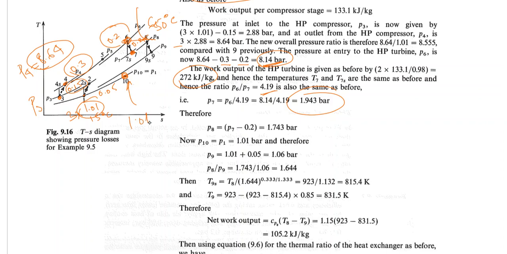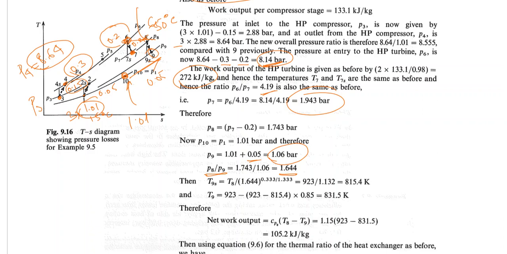Calculating from this end, 1.01 plus 0.05, as it was lost over here. So the actual pressure at 9 would be equal to 1.06 bar. This gives us the pressure ratio P8 by P9 as 1.644.